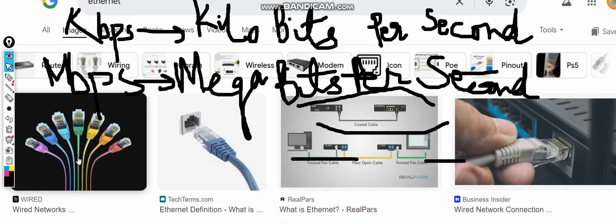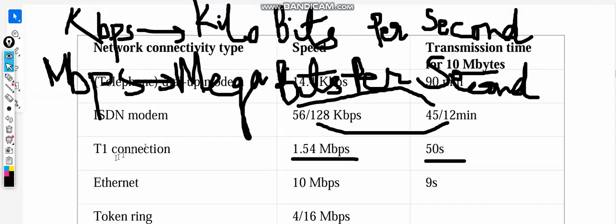Next, Ethernet wire networks. This is an example of an Ethernet cable. The speed is 10 megabits per second, so I need only 9 seconds to transmit the data using an Ethernet connection.